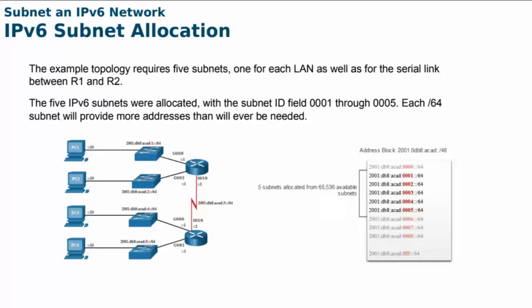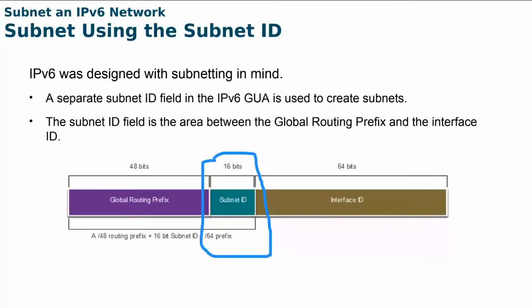Each /64 subnet will provide more addresses than will ever be needed. For the subnet ID, I will put 001, 002, 003, 004, because we have a lot of addresses. IPv6 is enough for everyone, everything.